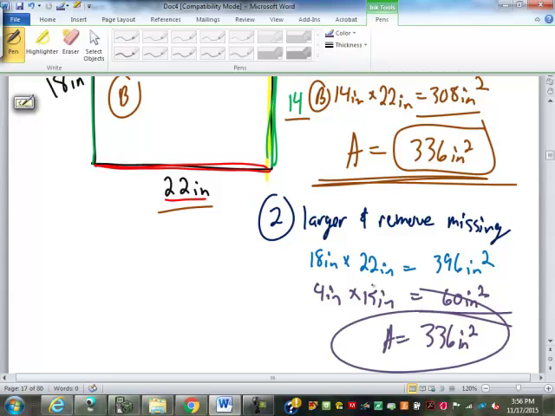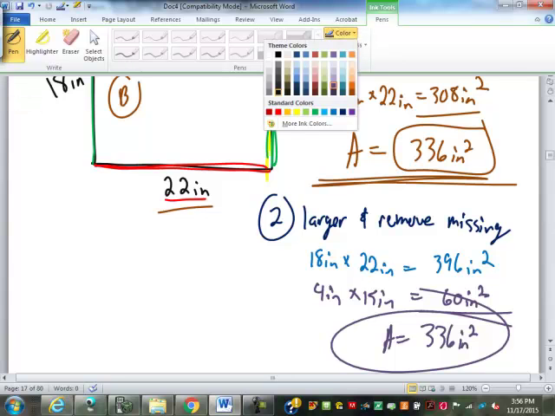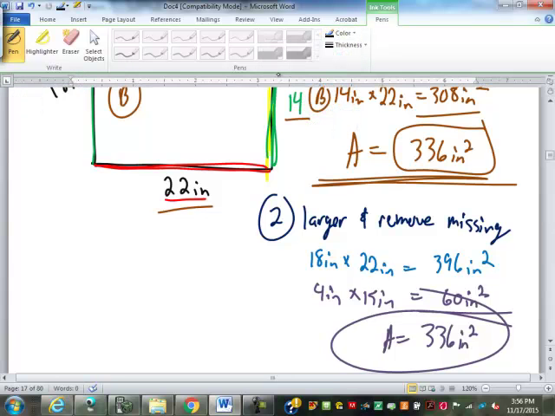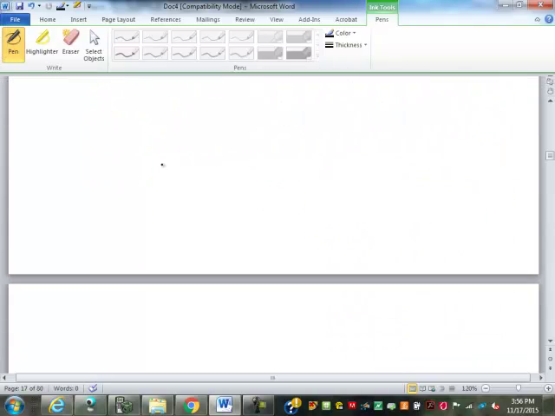Now you see I get the same answer. In this example, it's about the same amount of work either way. But there will be some examples that have to be done one way or another, especially when you involve circles.